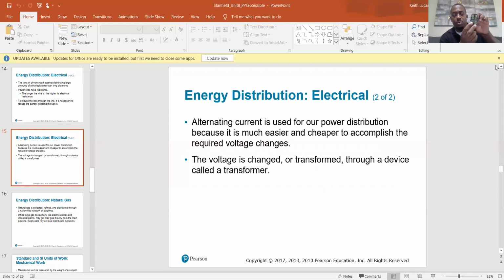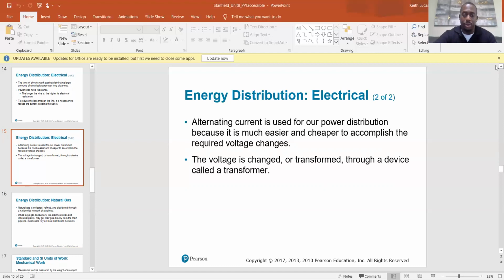Once this closes, that 240 can travel through here and power up your condenser. And what opens and closes that is your 24 volt control voltage to your contactor coil, which is coming from your thermostat. Switch the thermostat to cool, it's going to send 24 volts to your Y circuit, which goes to the coil here, closes that, and now your condenser is on and your AC is operating.